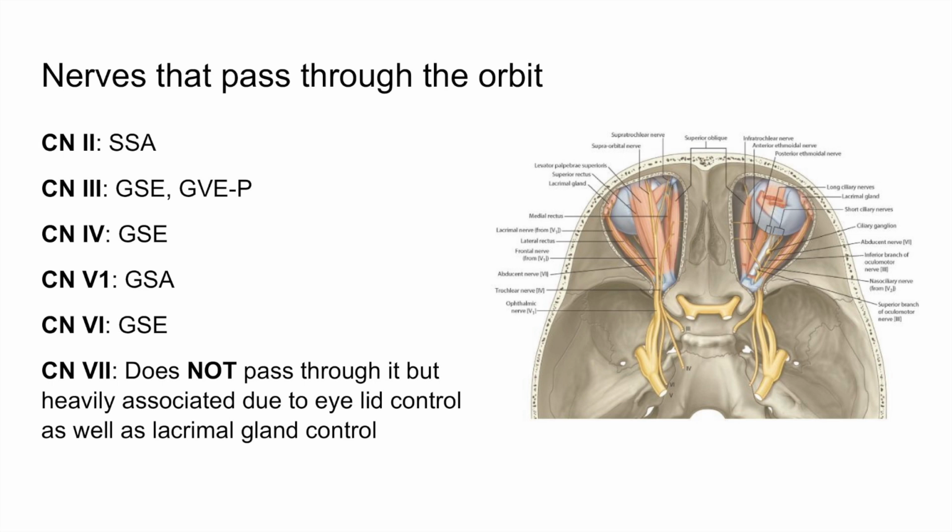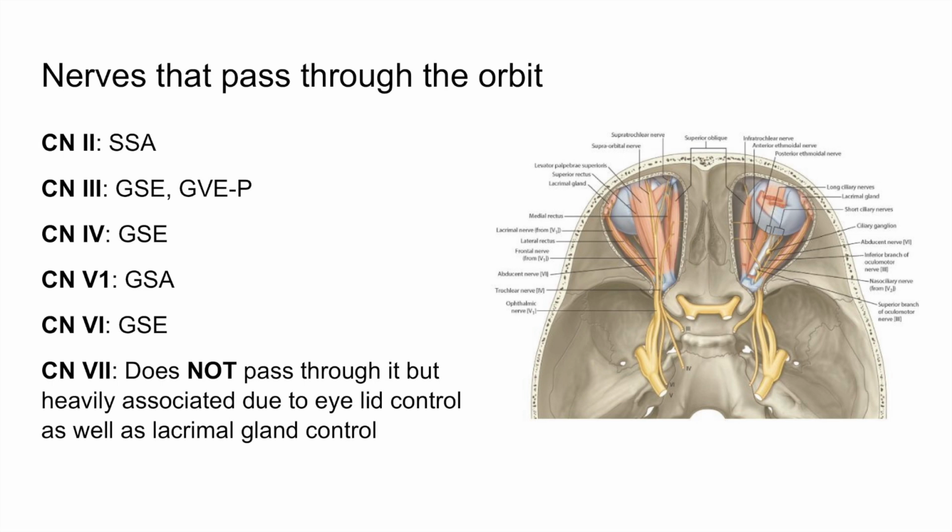So cranial nerve 7, okay, does not pass through the orbit, but it's still functionally tied to it. It innervates orbicularis oculi to close the eyelids and carries parasympathetic fibers to the lacrimal gland via those hitchhiking pathways that we covered. So clinically, it absolutely affects the eye, even though it doesn't enter the orbit itself, which is why it's here.